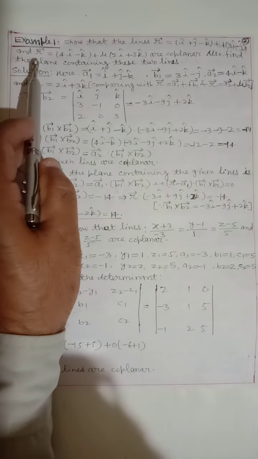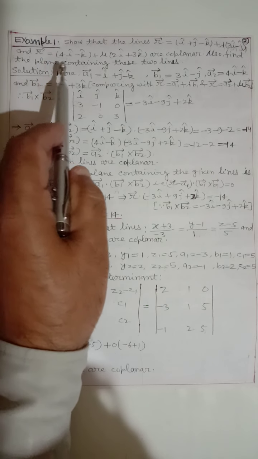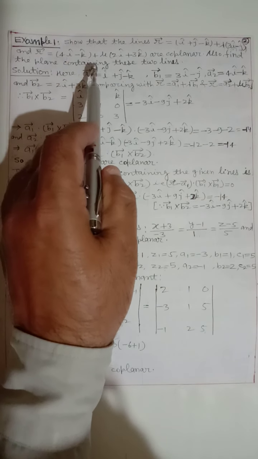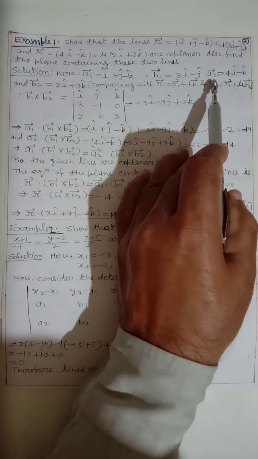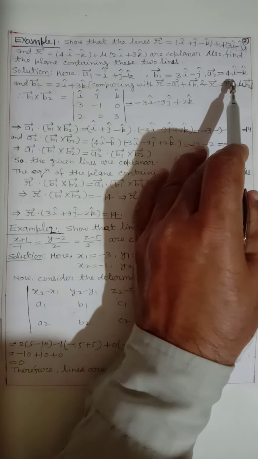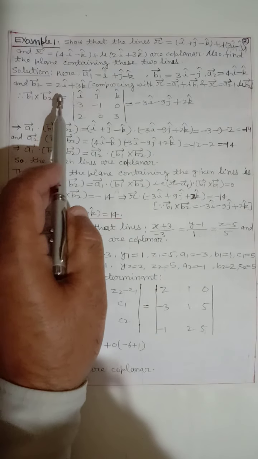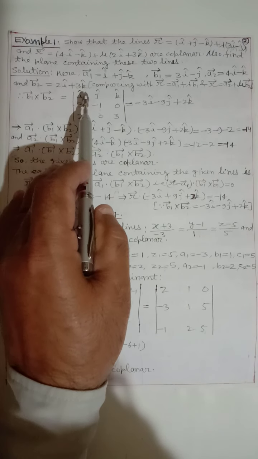Similarly, vector r equal to vector a2 plus mu vector b2, and if we compare here, we get vector a2 equal to 4i cap minus k cap and vector b2 equal to 2i cap plus 3k cap.